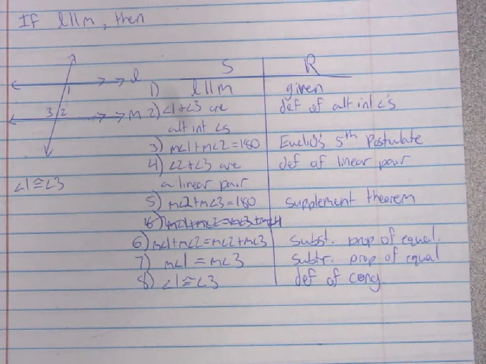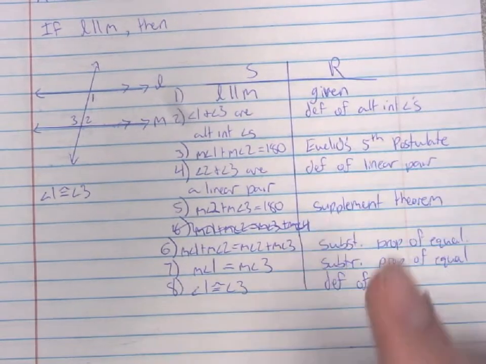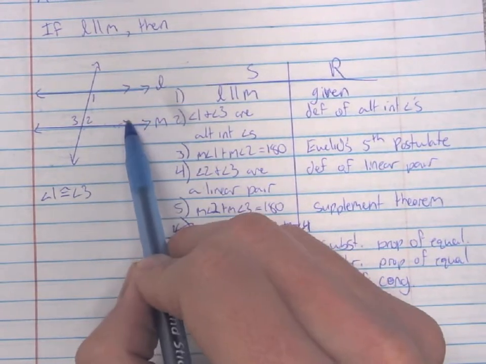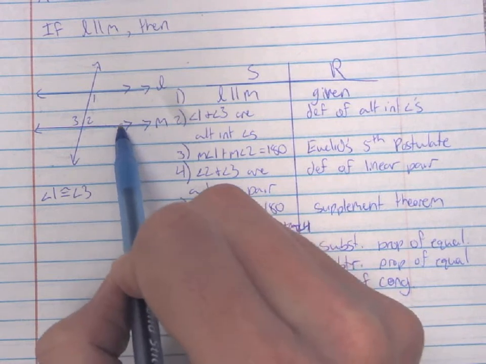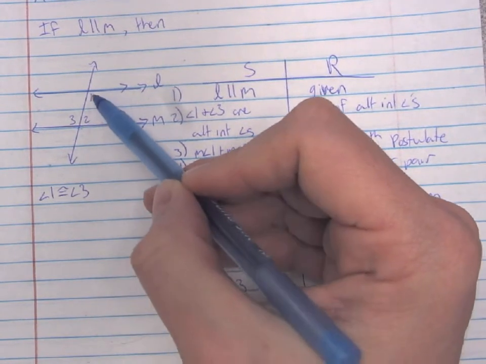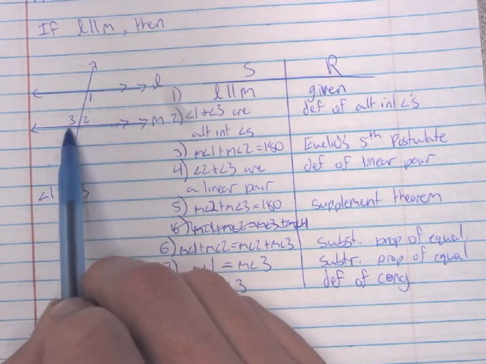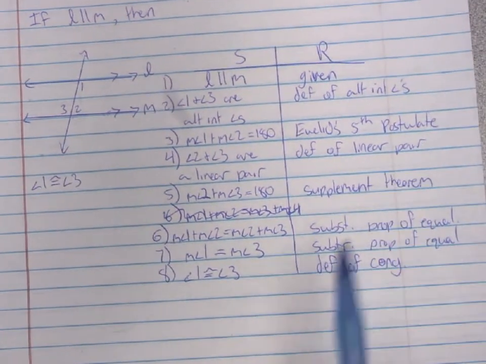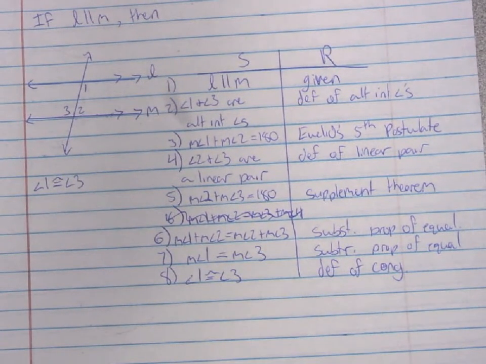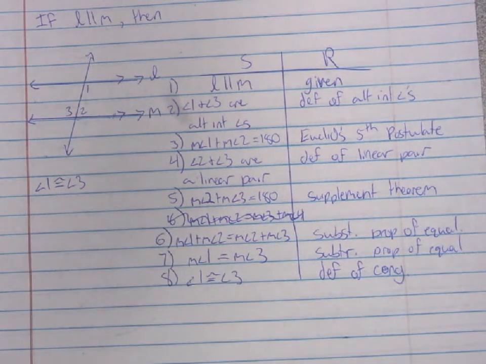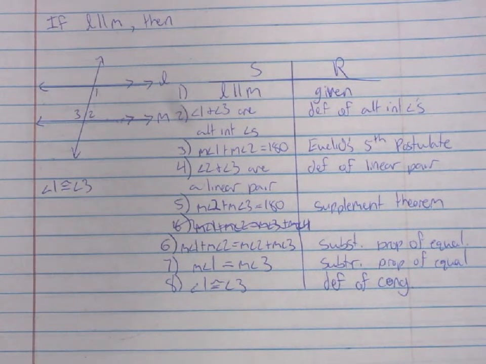Congruence means equal measure. All right, so we started out with parallel lines. That's all we assumed. From there, we used Euclid's fifth to say 1 plus 2 equals 180. Then we used linear pairs to say that 2 plus 3 equals 180. We did some algebra, a substitution and a subtraction, and we got 1 is congruent to 3. And that was our whole goal.